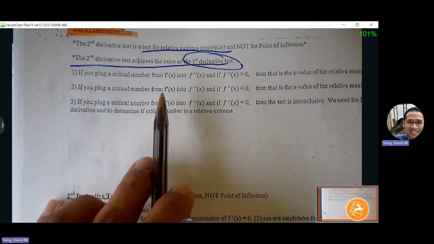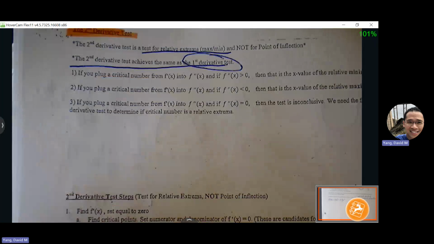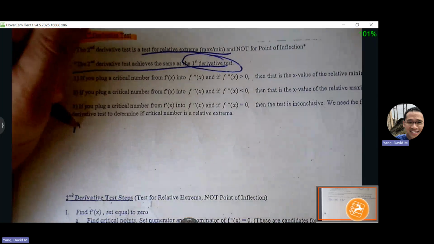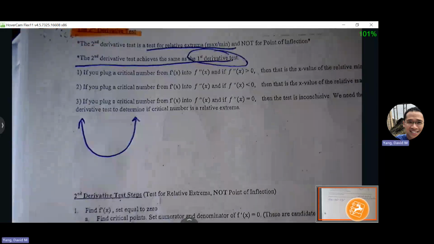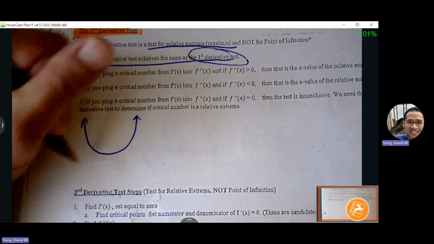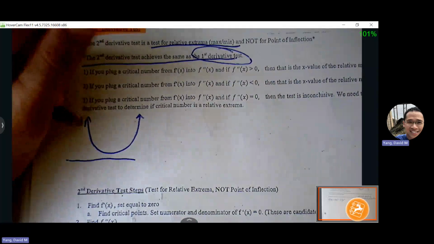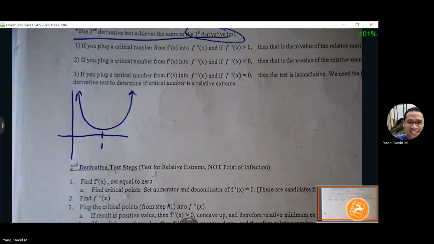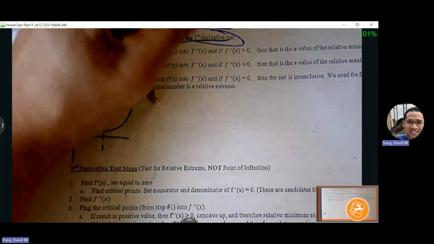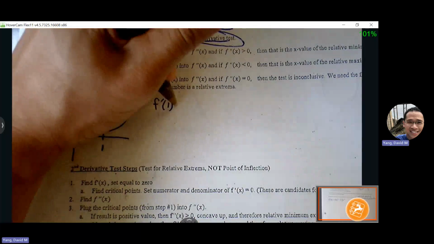Now, before I get to the steps, let me point out a few things here. Let's say I had a graph that looked like this. And let's say this point is at 1. So what would you say f prime of 1 is equal to?